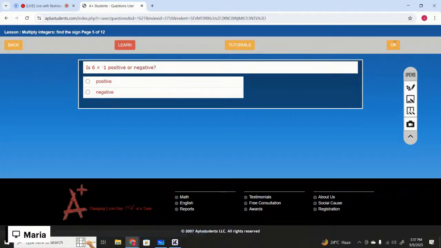Is 6 times negative 1 positive or negative? Negative it is. Option number 2 is the correct option.